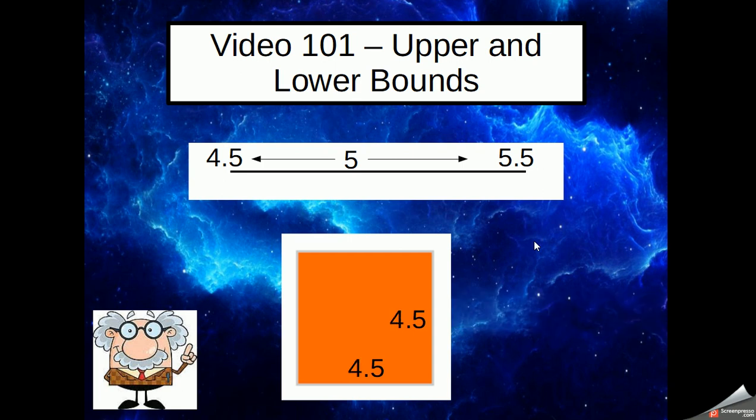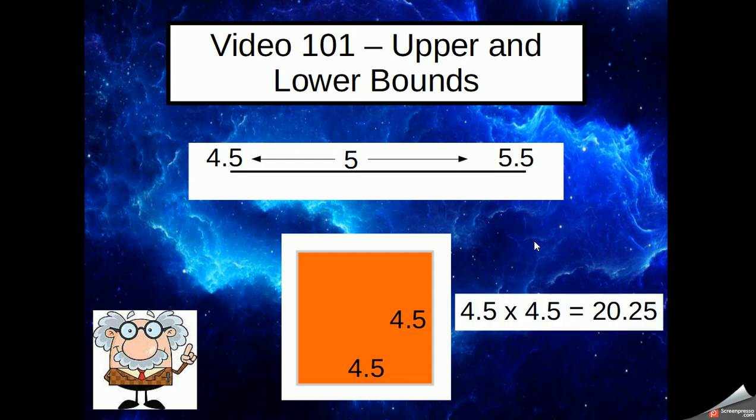And if we looked at the minimum values, 4.5 times 4.5, the area is actually 20.25, a lot lower. So you can see there, if something has an upper and lower bound to the nearest centimeter, it can make quite a significant difference in, say, the area or volume or length that it covers.